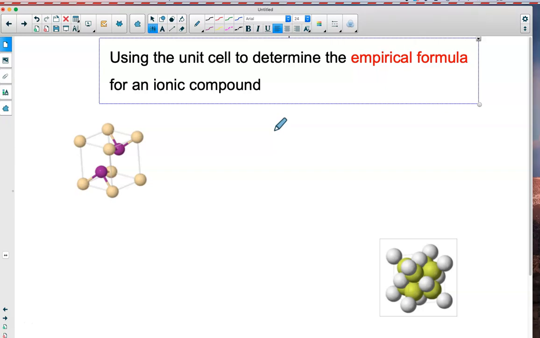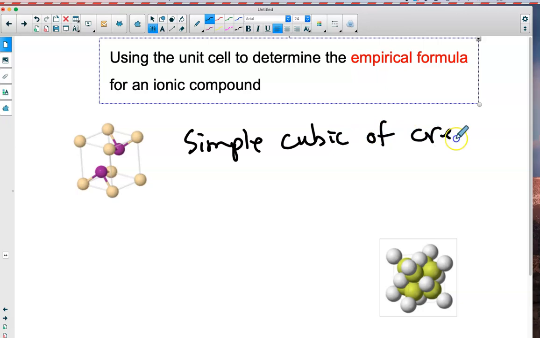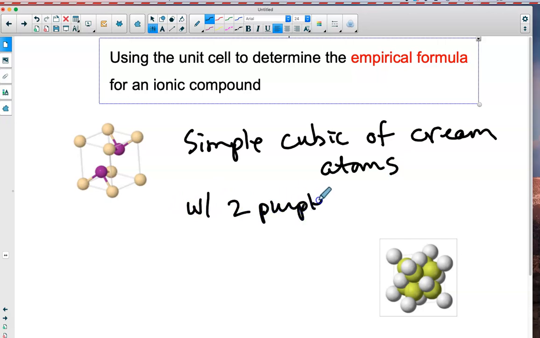So in this first example, I've got what we'll call just a simple cube of a cream colored atom, with 2 purples in the body center.